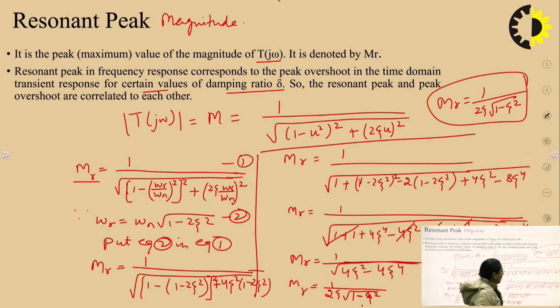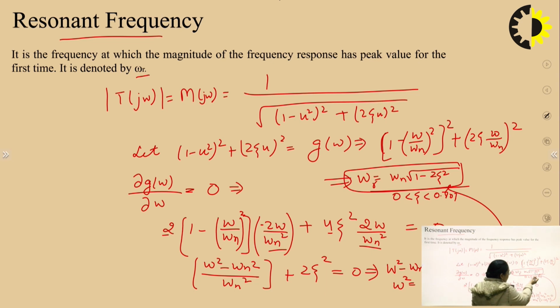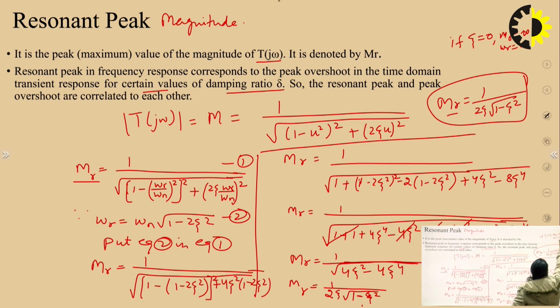Okay, so if we put zeta equal to 0, MR reaches infinity, and from this equation if zeta is 0, then omega r is equal to omega n, right.